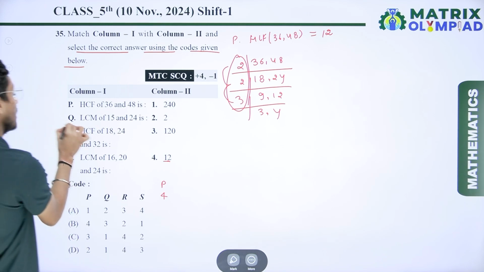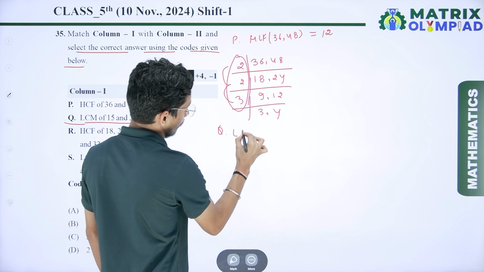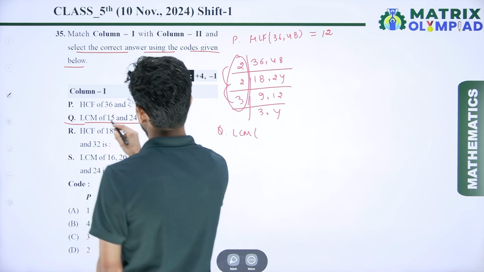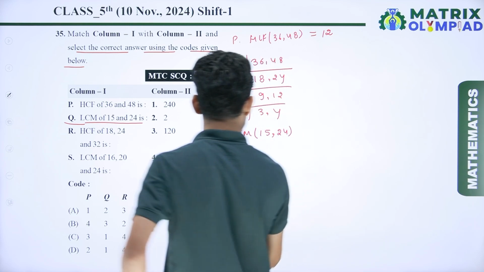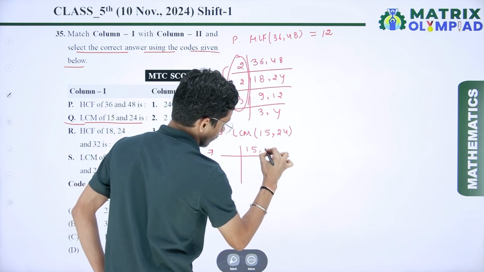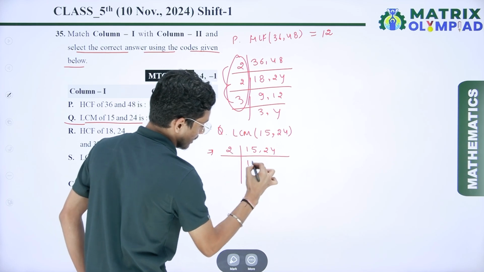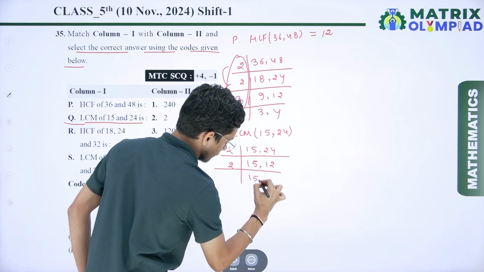If I talk about Q, we have to find the LCM of these numbers. So Q, that is the LCM of 15 and 24. For the LCM, first we solve 15 and 24. If I take 2, then I get 15 and 12. Again if I take 2, here I get 15 and 6.